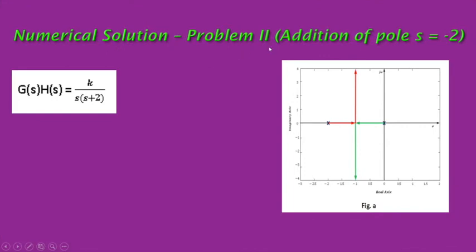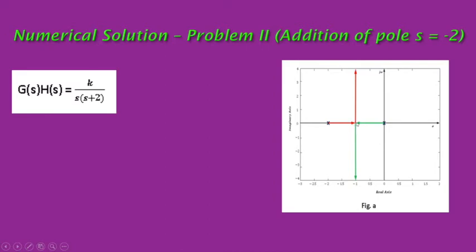Numerical problem 2, addition of a pole at s equal to minus 2. G(s)H(s) is equal to k divided by s into (s plus 2). So where the denominator equals 0, the poles are s equal to 0 and s equal to minus 2. Then s equal to 0 is at the origin and another pole is present at minus 2. Then the root locus starts from the open loop poles and moves to infinity.